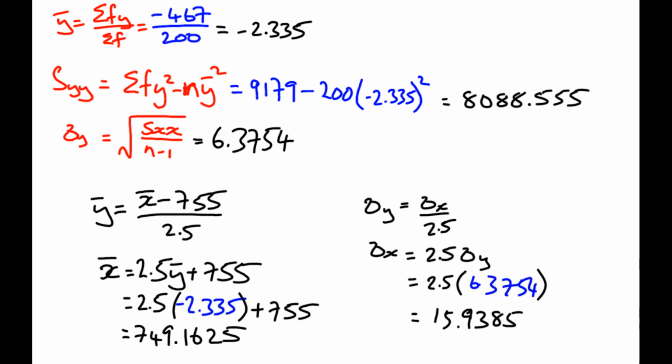This terminated at 4 decimal places, and that's my uncoded values for X bar and standard deviation of X.